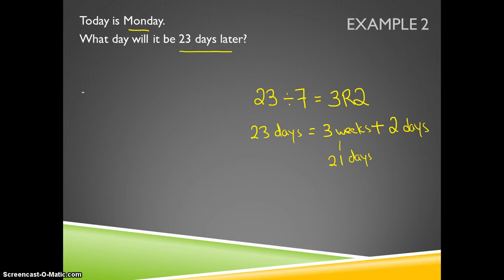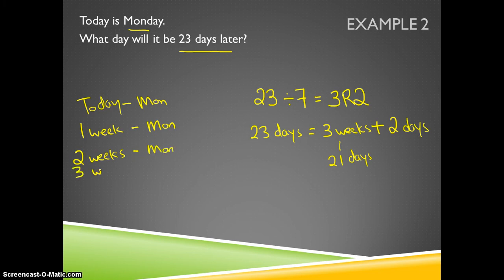So, if today is Monday, so today, Monday. 1 week later, it will still be Monday. 2 weeks later, it will still be Monday. 3 weeks later, it will still be Monday. So it doesn't matter how many weeks. 3 weeks later, it will still be Monday.